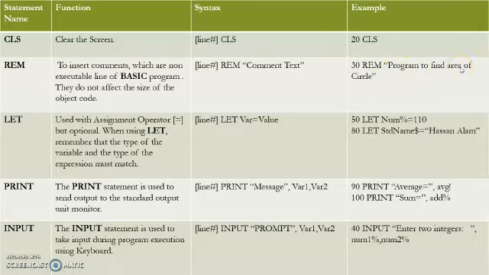Means in any program where we are going to find the area of a circle, we will give the comment as an overall description of the purpose for which we are designing this program.